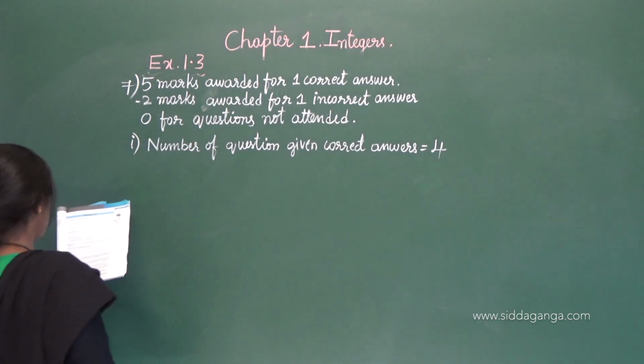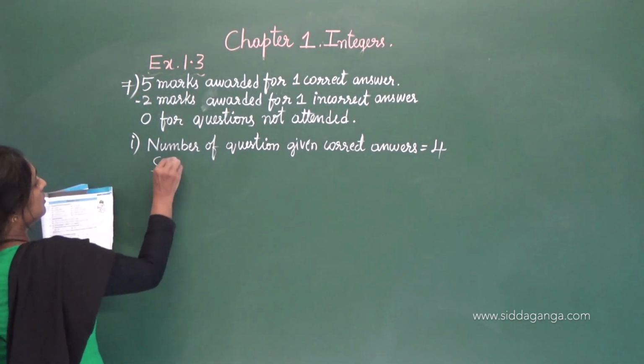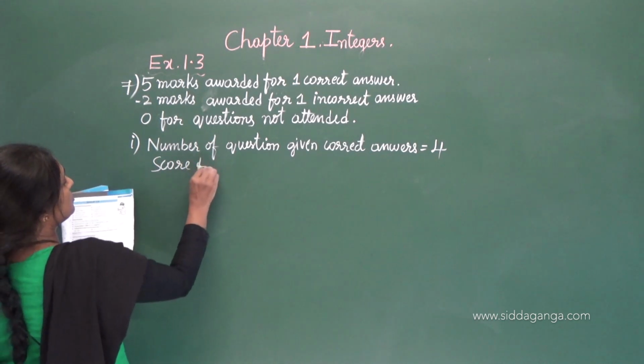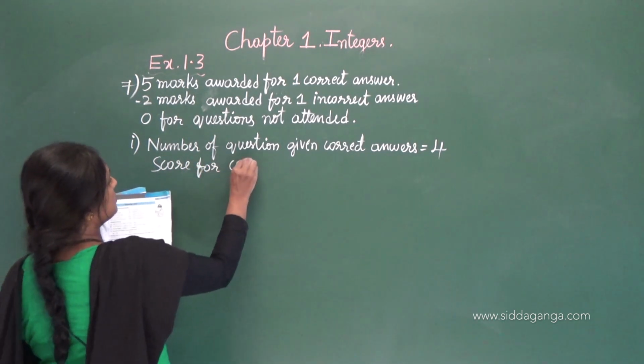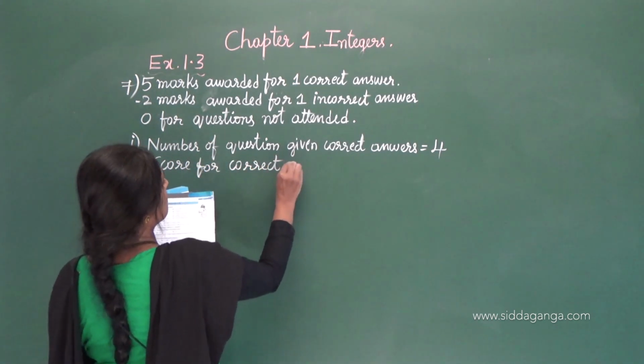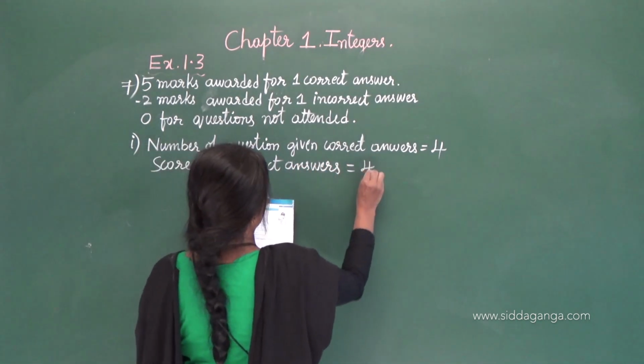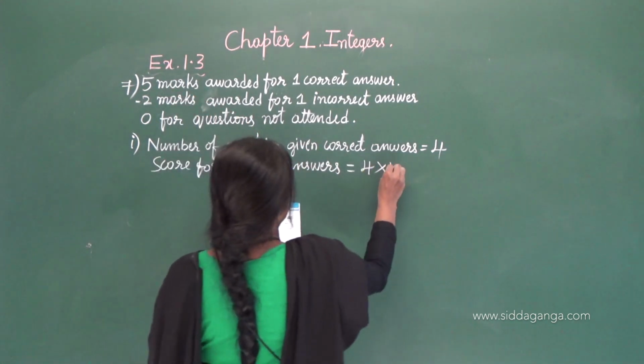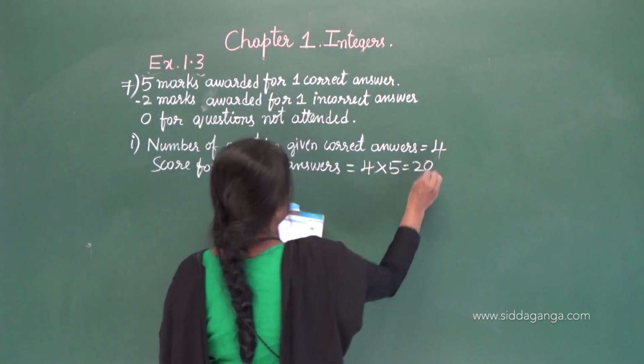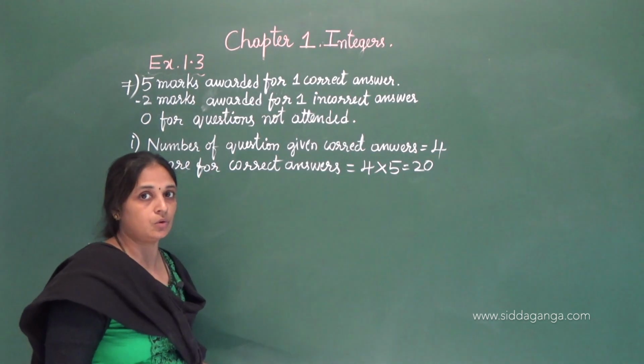Then marks for correct answers, score for correct answers is equal to 4 into 5, that is equal to 20. It's not his score, okay?